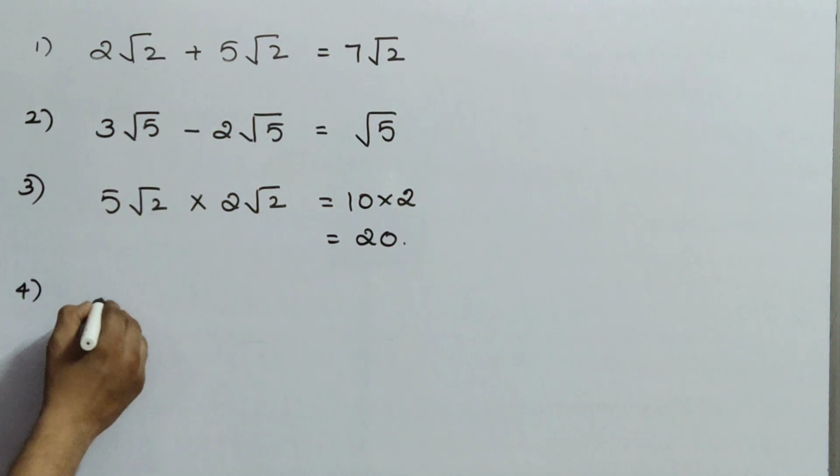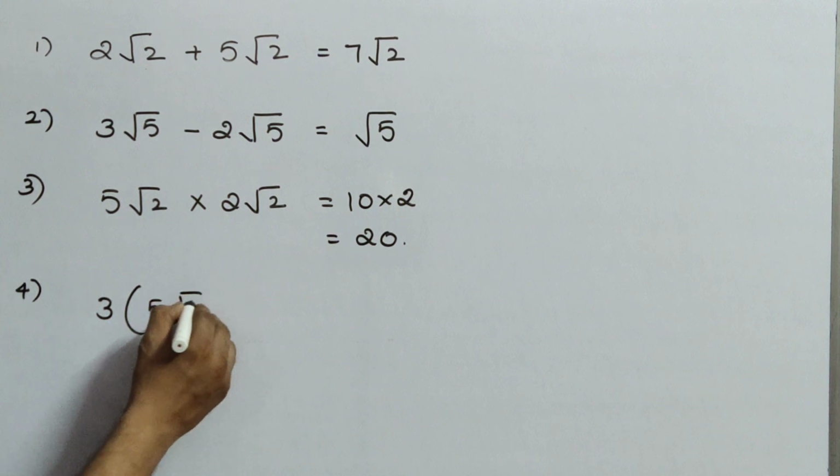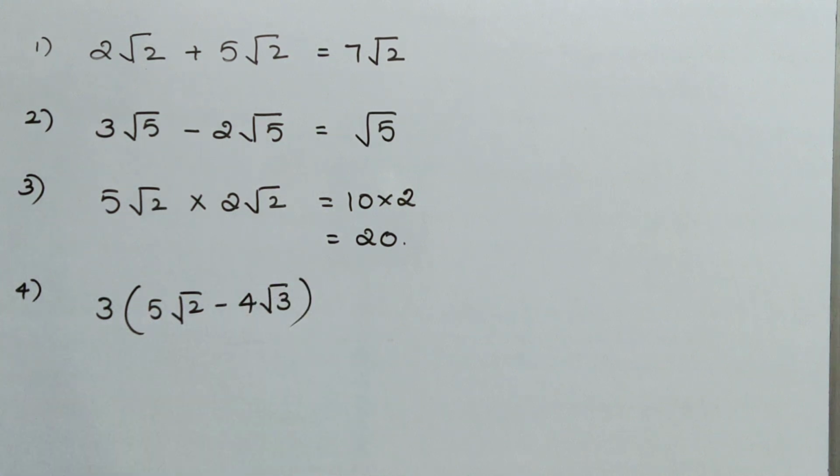Next example. 3 into 5 root 2 minus 4 root 3. Almost all the sums are completely related to algebra only. 3 of 5 root 2 minus 4 root 3. Okay, first we have to multiply 5 root 2 with 3 and 4 root 3 with 3.